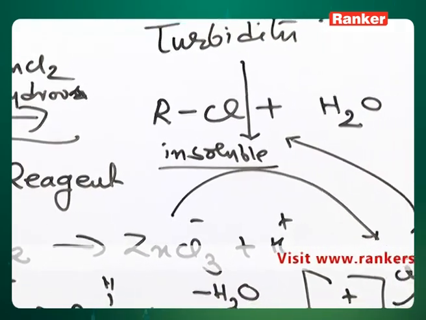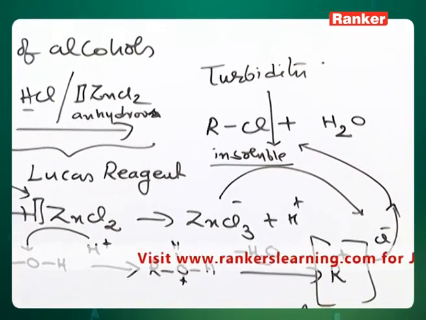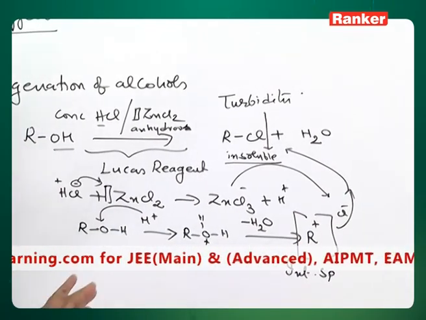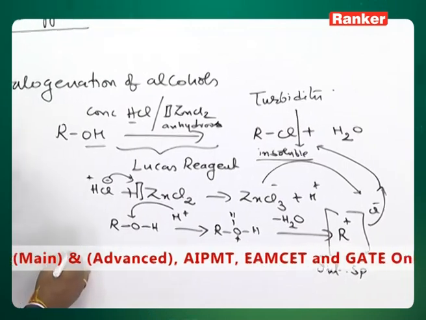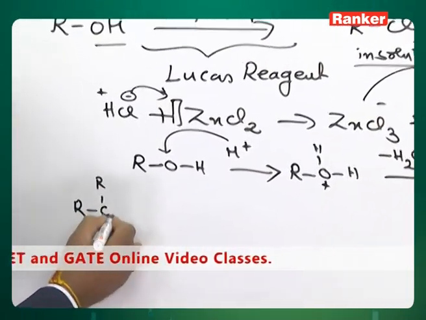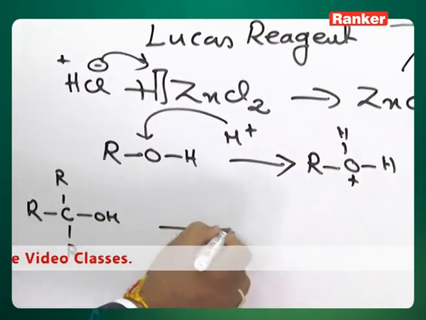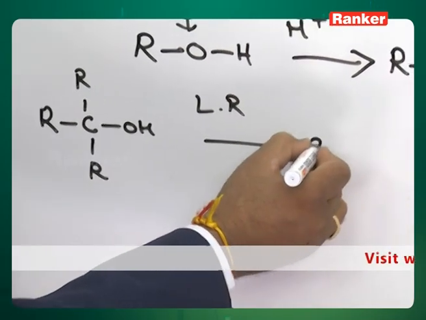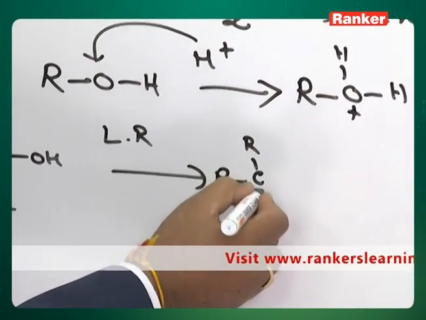Now, the criterion here: I will take three different types of alcohols, and all will give turbidity because all are going to give alkyl halides. But if I take a tertiary alcohol and add this same Lucas reagent, the tertiary alcohol passes through what? Tertiary carbocation, right.